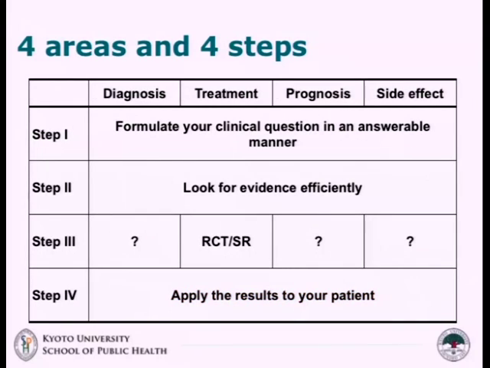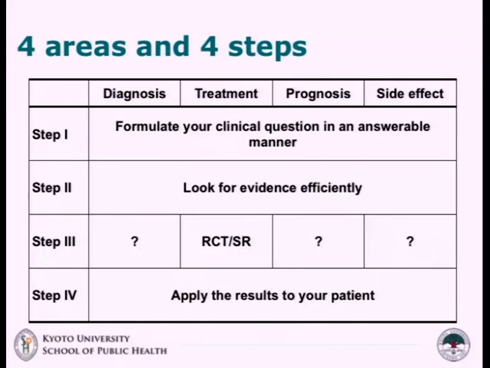Note that we have 4 cells for Step 3, but only 1 cell for Steps 1, 2, and 4. Steps 1, 2, and 4 are by and large common to all the 4 types of questions. However, what constitutes the best evidence may depend on the clinical question you have.